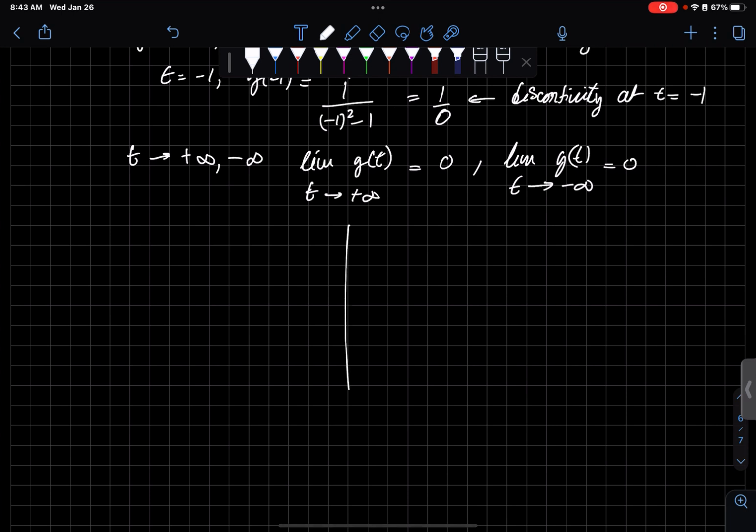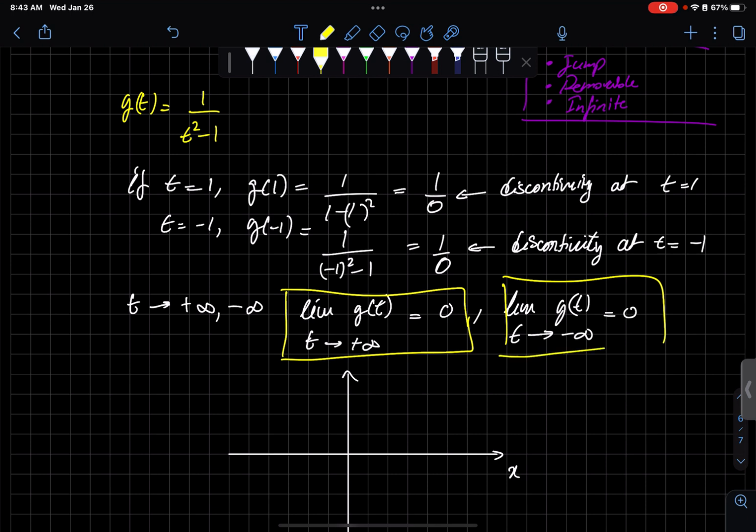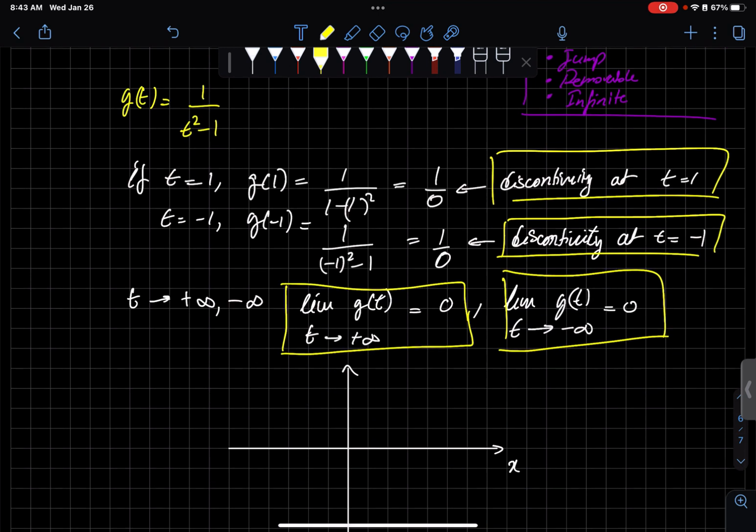So I'm just going to draw the axes, right? And we're interested in, well, I'm just going to put a box around these just to highlight them. So we have a discontinuity at t equals 1 and a discontinuity at t equals minus 1.